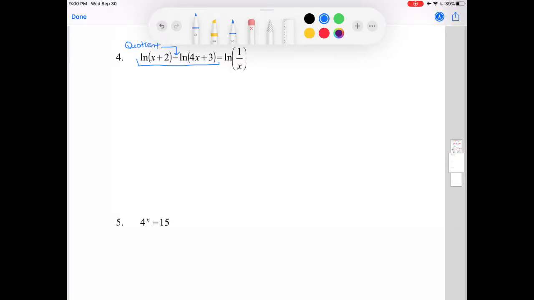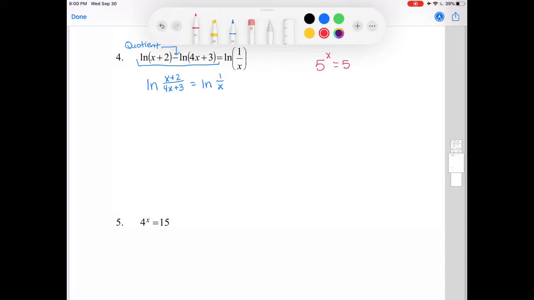I see that I am subtracting, which is going to tell me to use the quotient rule, which means I need to divide. So when I combine these, I have ln of x plus 2 on the numerator, 4x plus 3 on the denominator, and it still equals ln of 1 divided by x.